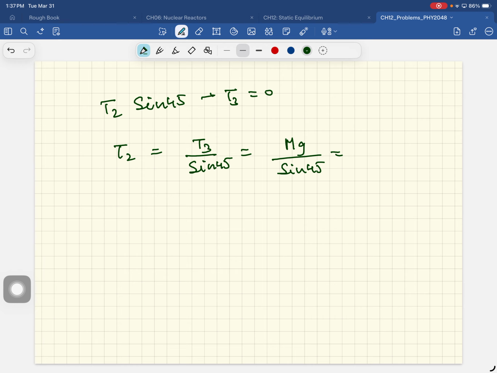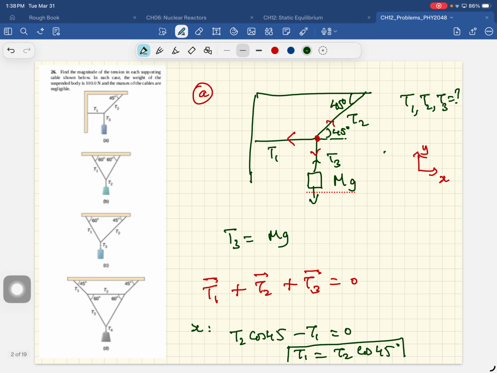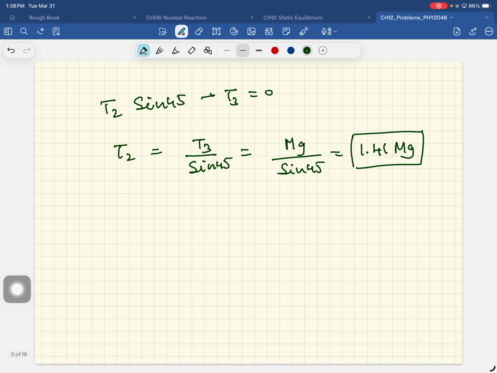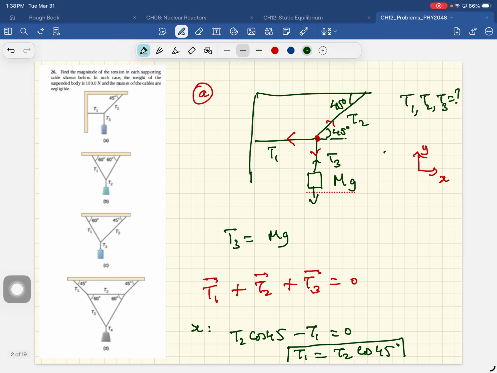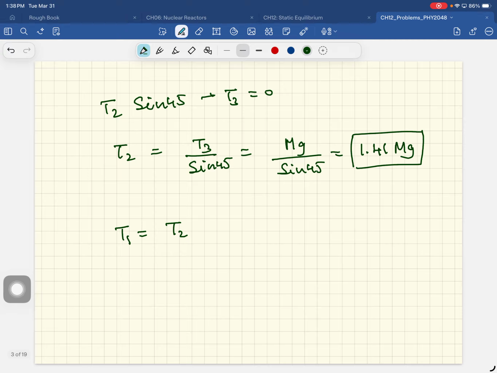All right, so counterclockwise torques are positive and clockwise torques are negative. And this distance would be 3 meters minus x. Okay. So minus 0.4 mg times 3 minus x plus 0.6 mg times x equal to 0.